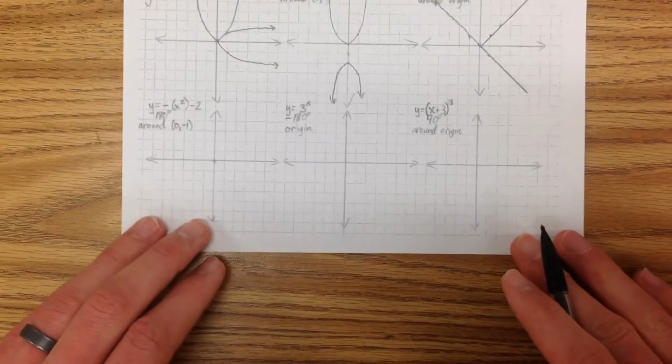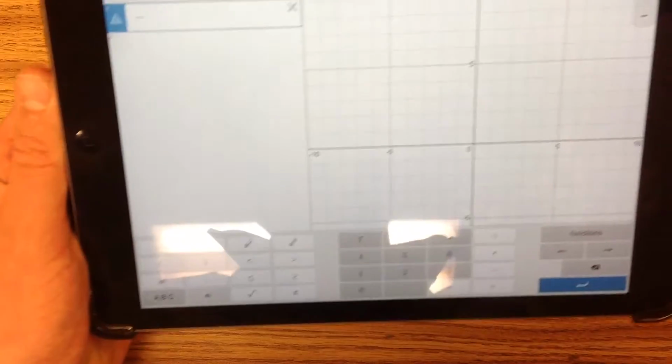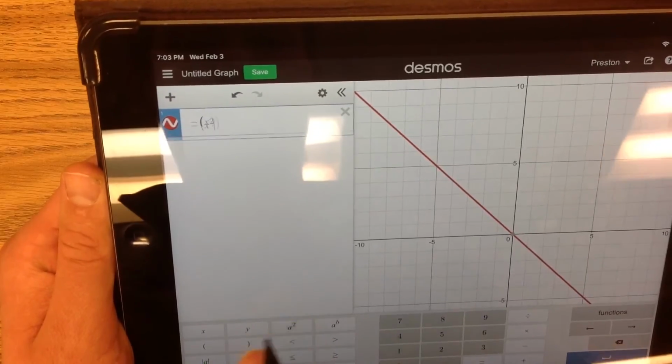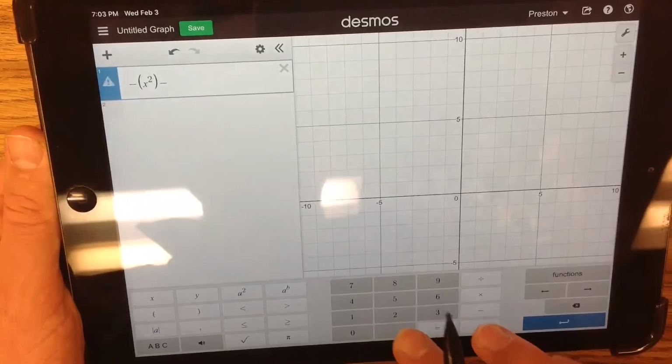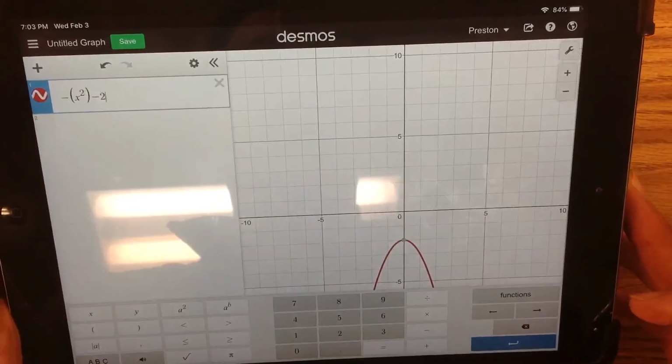All right. This one, negative x squared. So it's important to have the negative on the outside. So negative right here, parentheses, x squared, minus 2. Okay? Looks like that.